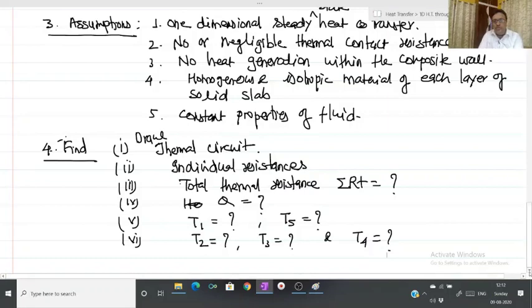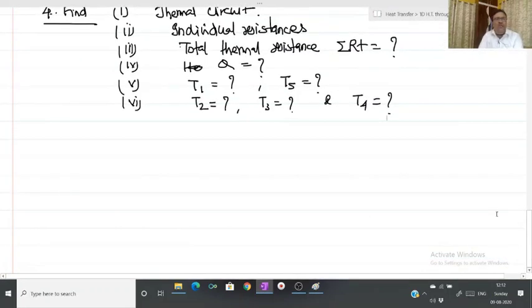So I could enlist what are the parameters to be found out. So these are the parameters to be calculated. Then what formula or procedure I have to adopt, and then finally the calculations or solution.